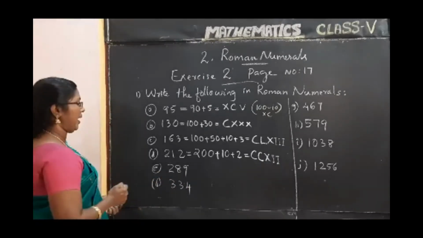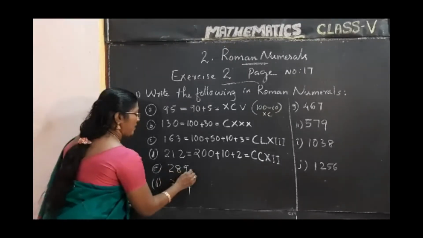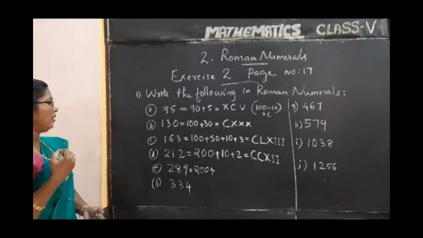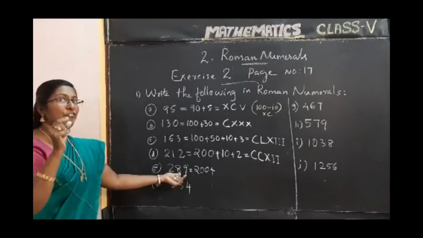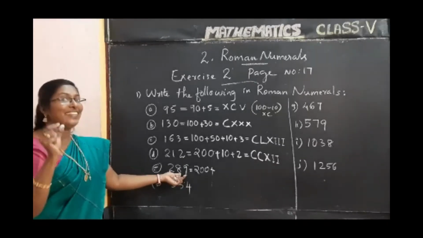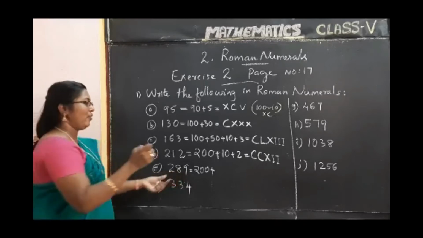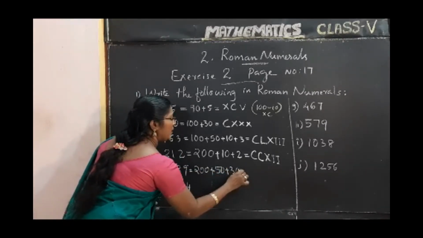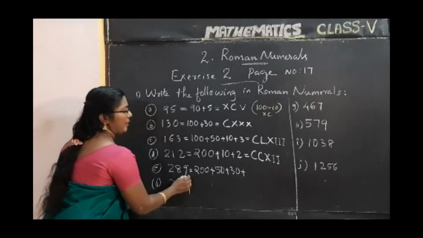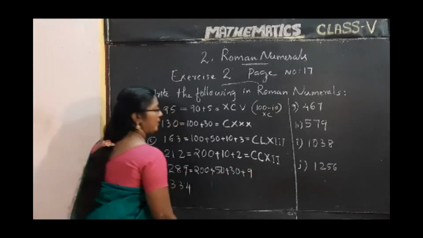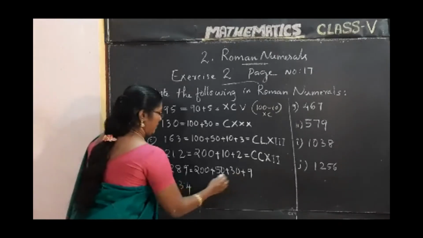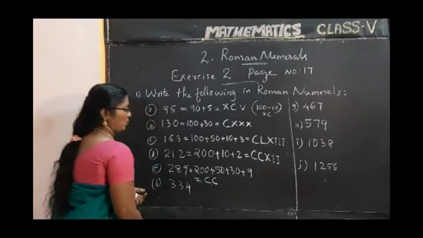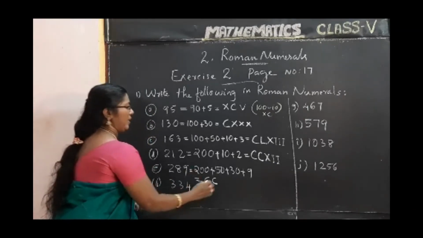289. It can be split up as 200 plus 89, 50 plus 30 plus 9. Okay, 200 plus 50 plus 30 plus 9. 200, 2C makes 200. Then 50.